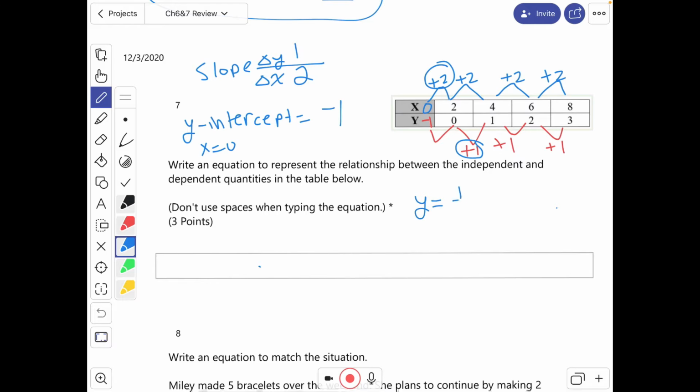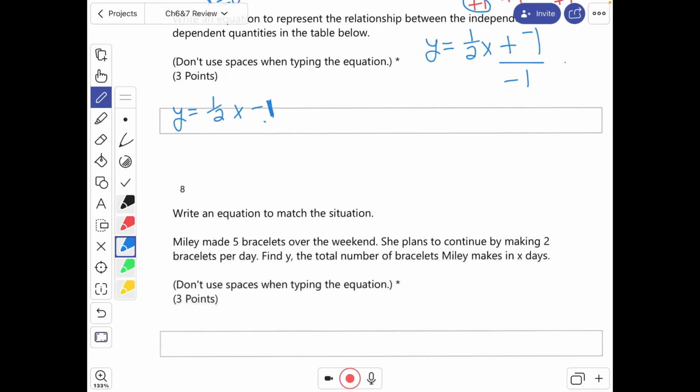Y equals, and it's slope times x, so 1/2 times x plus the y-intercept, which was negative 1. You can also write that as 1/2 x minus 1, because plus a negative 1 is the same as just minus 1.